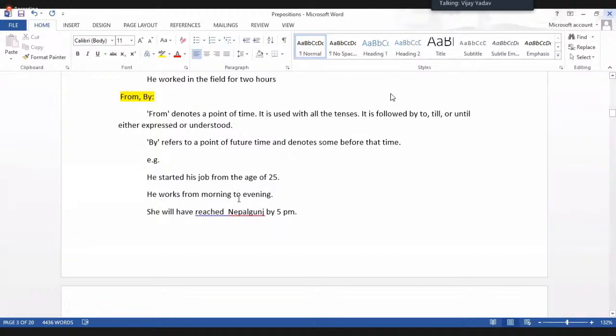Morning is a point of time, evening is a point of time. From the age of 25 is also a point of time. Another: she will have reached Nepalganj by 5 p.m. So by plus point of time, and the tense is future tense. So we use by plus point of time in future tense.